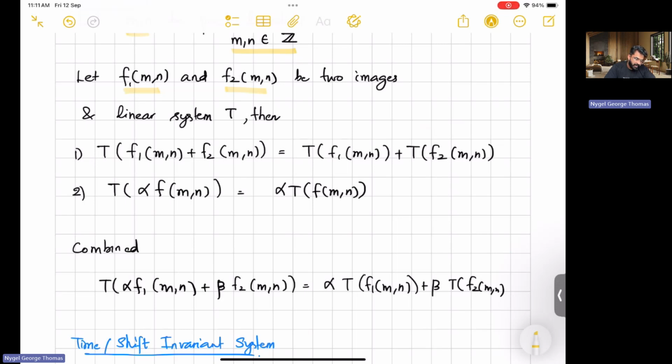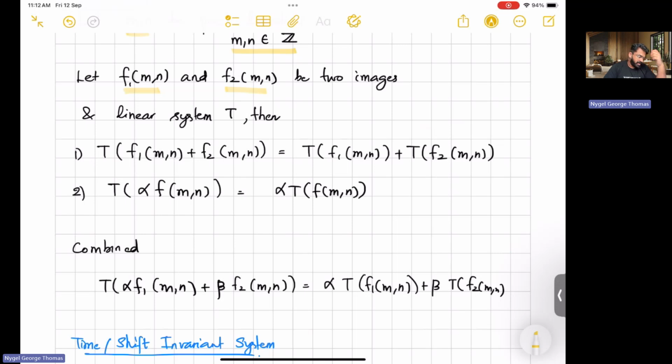is called a linear system if it satisfies two properties. One is, suppose we add these two images, f1 of m,n and f2 of m,n, and give the sum to this system, which applies a transformation on the input.